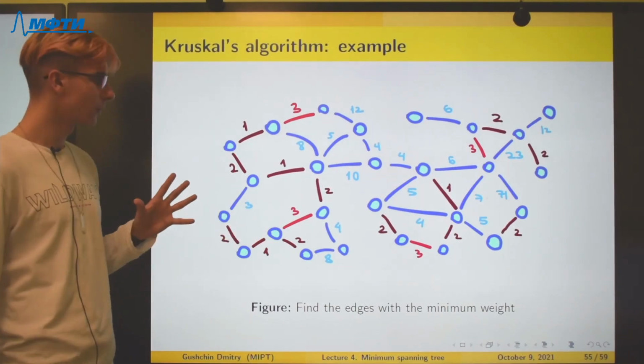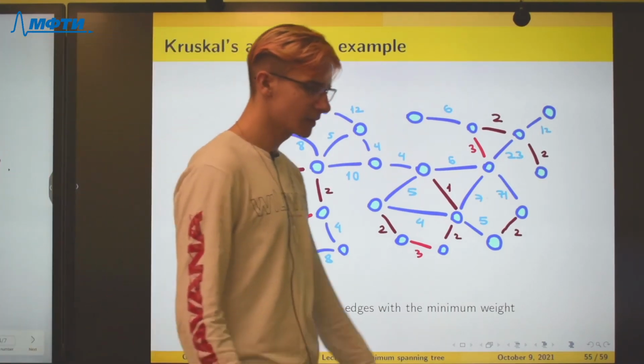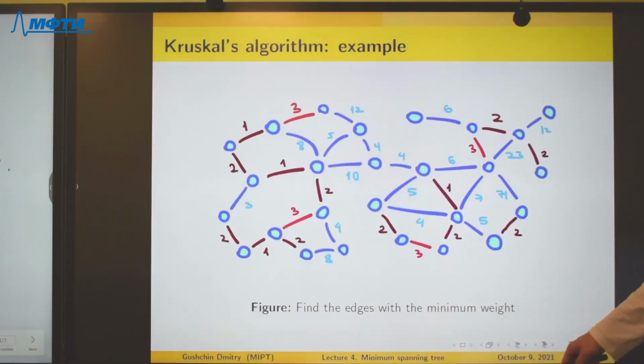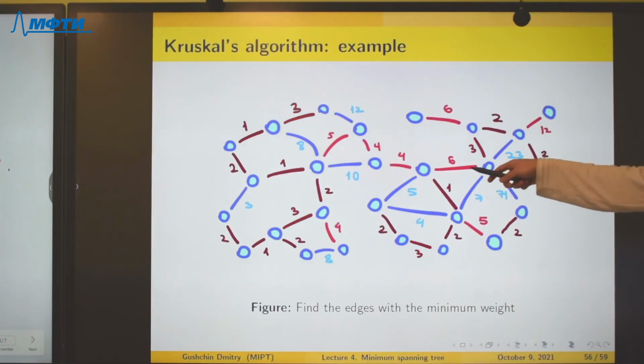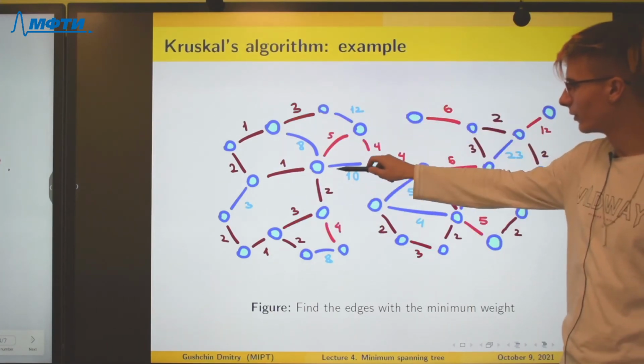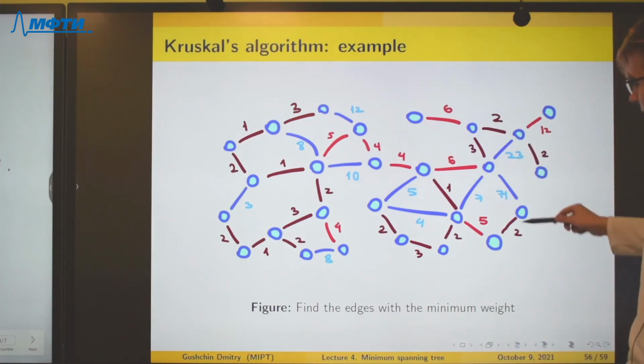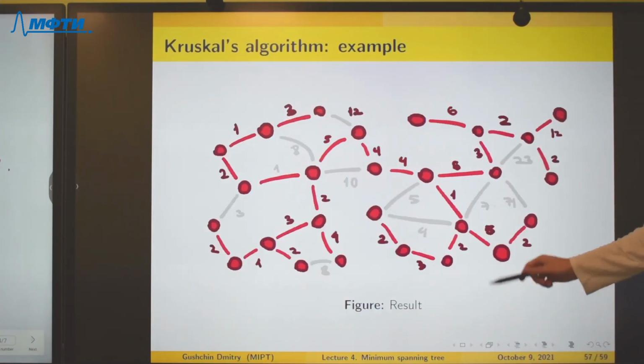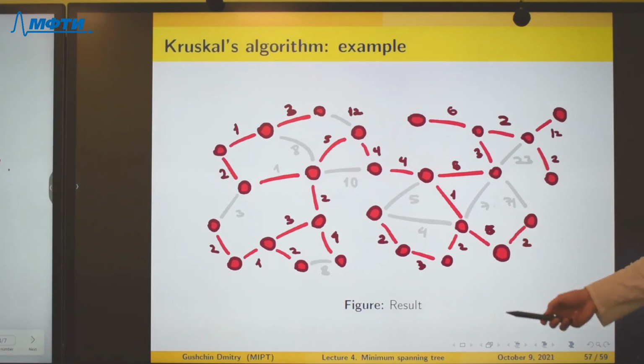Understandable, yeah? We add with the 3, we repeat it for 4, then for 5, for 6, and you can see that after it we get the same minimal spanning tree.